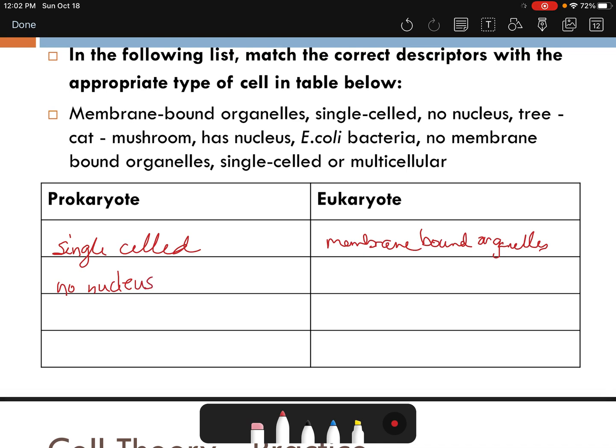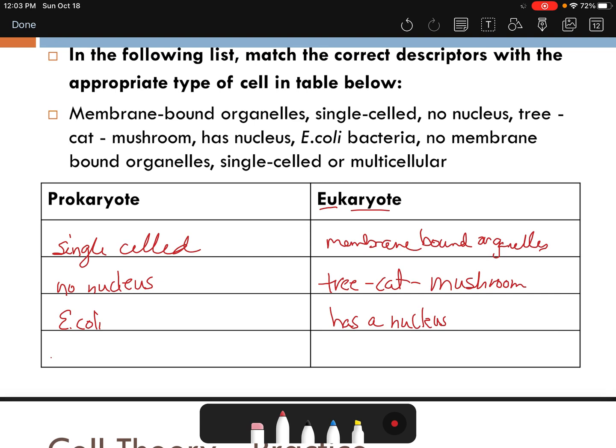Tree, cat, mushroom, hopefully you picked over here, the eukaryotes. Has a nucleus, that would be a eukaryote, true nucleus. E. coli bacteria, remember bacteria are the only prokaryotes, so E. coli would go over here.